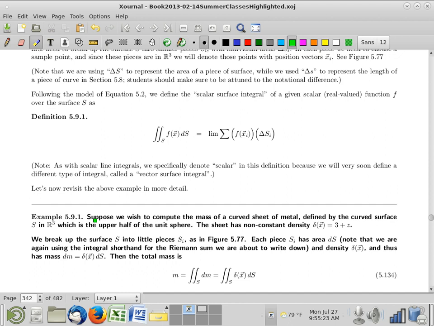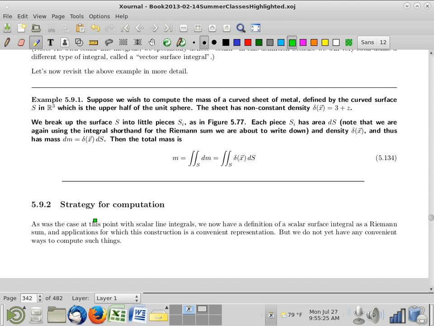Okay, so a quick example. Again, we've kind of talked our way through this, but if you have a curved sheet of metal, and the mass per unit area is some function of position, well, the total mass is the sum of all the little pieces of mass you might chop it up into.